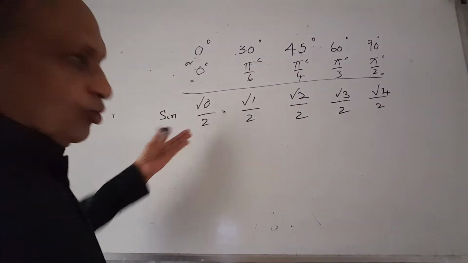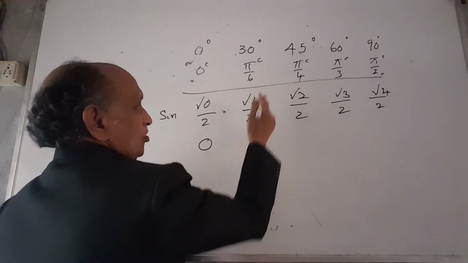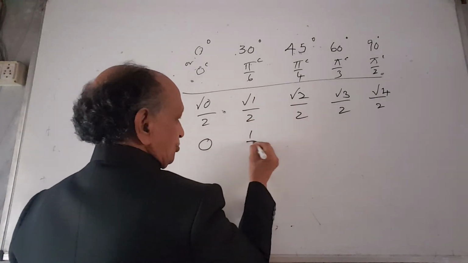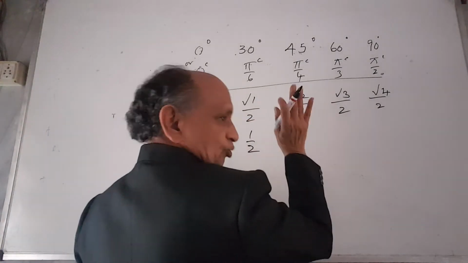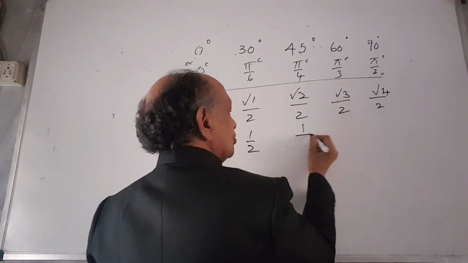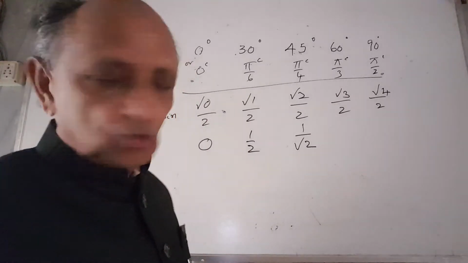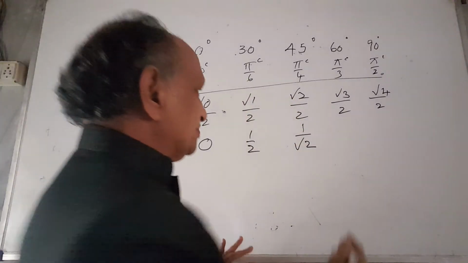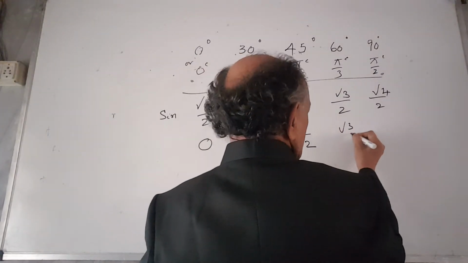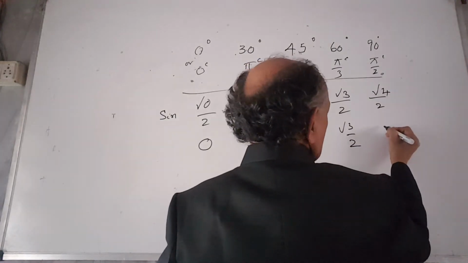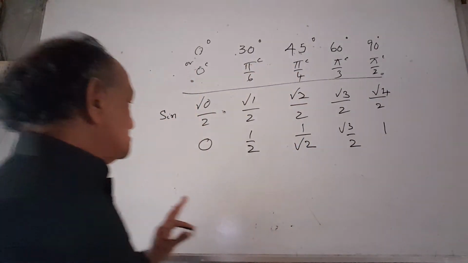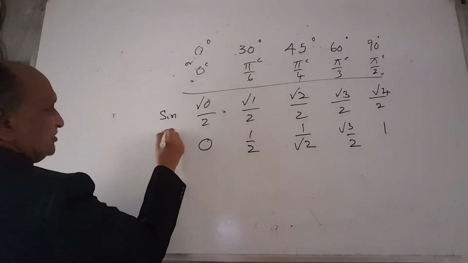What is 0 by 2? 0. What is root 1 by 2? 1 by 2. Root 2 by 2, you can keep it like this, or you can also write 1 by root 2, because 2 is root 2 into root 2, one root 2 gets cancelled. Here leave it like this, root 3 by 2. Root 4 is 2, 2 by 2 is 1. These are sine theta values.